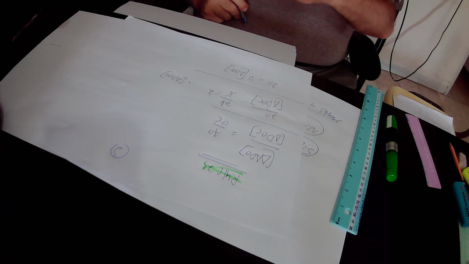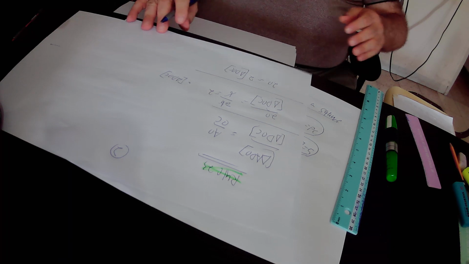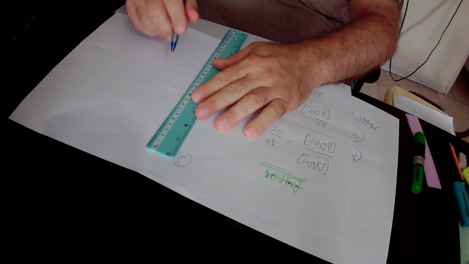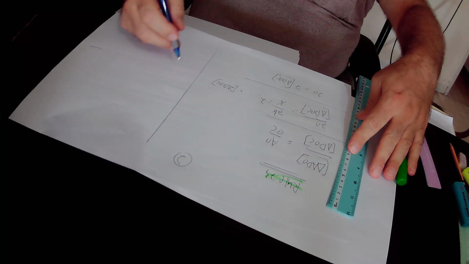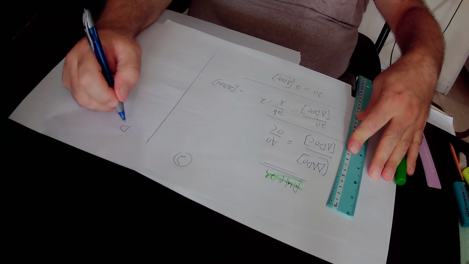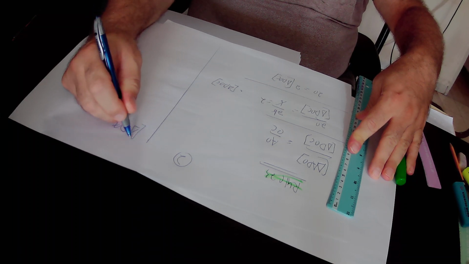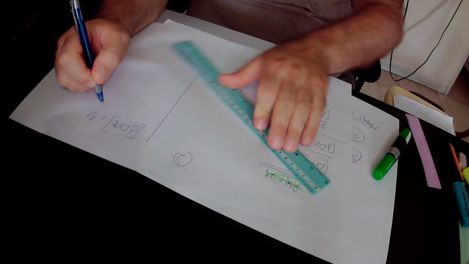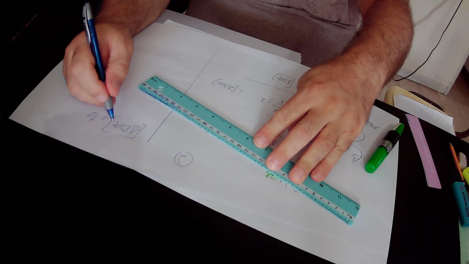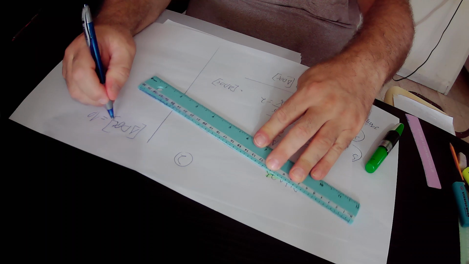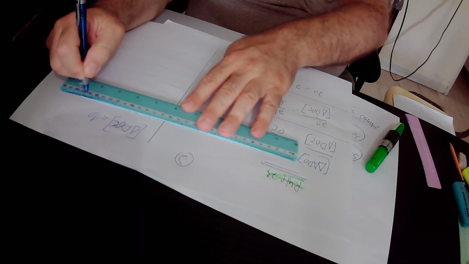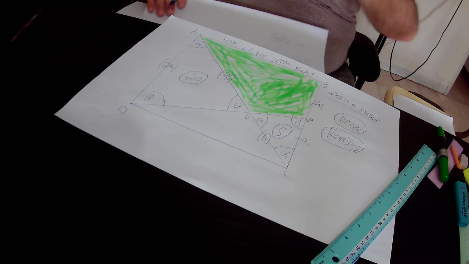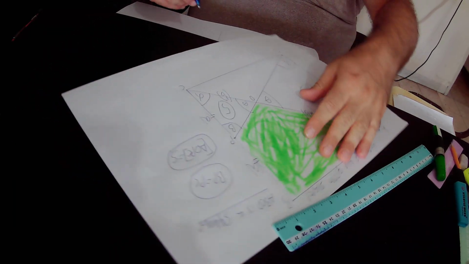Here we divide this equation by 2, and finally we get that the area of the small triangle DOC is equal to 20 over 2, that is 10 square units. So we found out that the area of this small triangle DOC is equal to 10 square units.